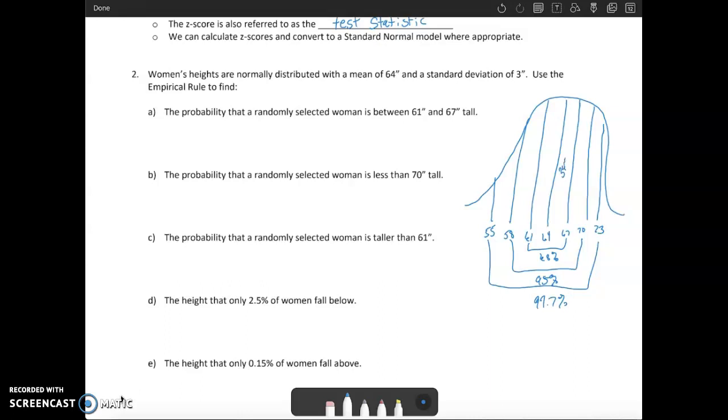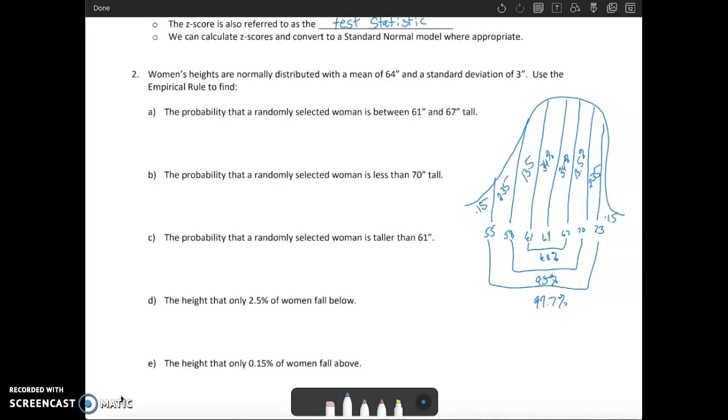This is 34%, 34%, 13.5, 13.5, 2.35s, and 0.15s. If you can remember that, you can answer any question, any normal curve, empirical rule, probability question that they could ever throw at you.